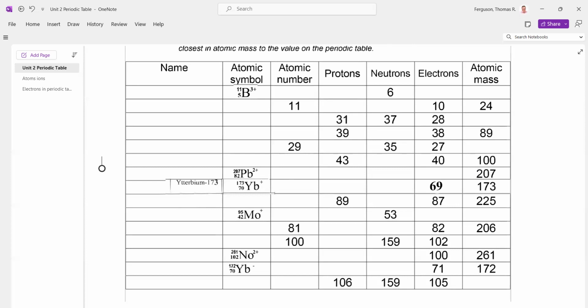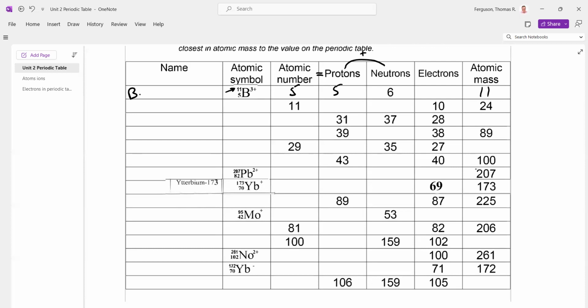So boron is what element number? 5. And again, atomic number always equals number of protons. No exceptions. Atomic mass: we can still get neutrons and protons together equals atomic mass. That means that's 11, and you knew that because of this top number here.